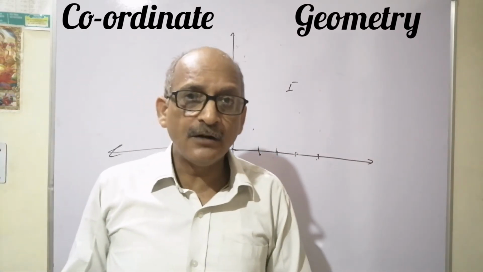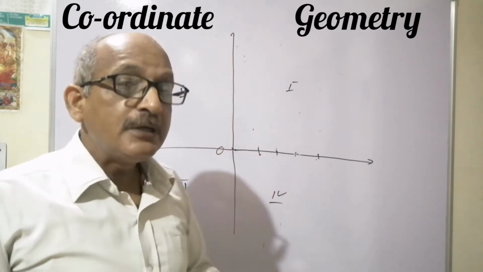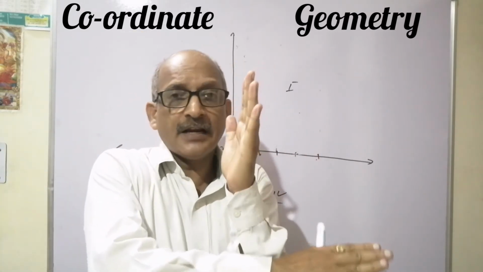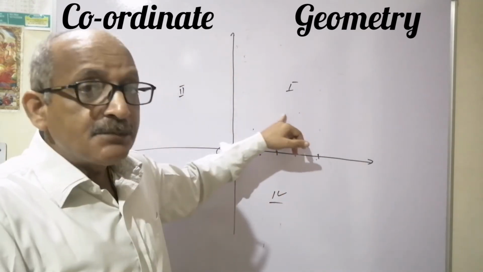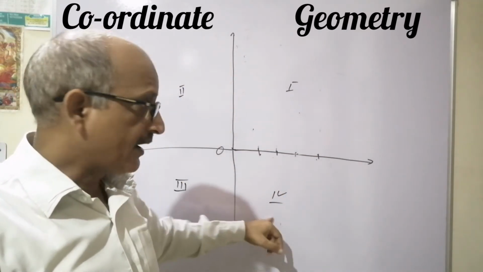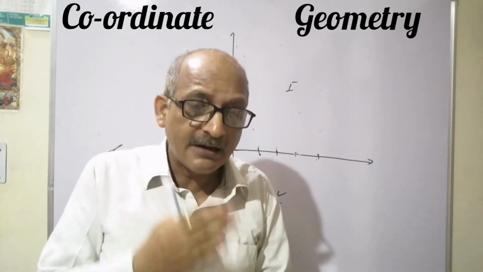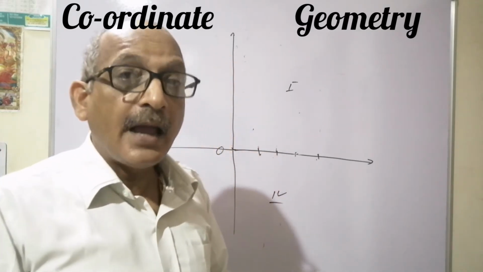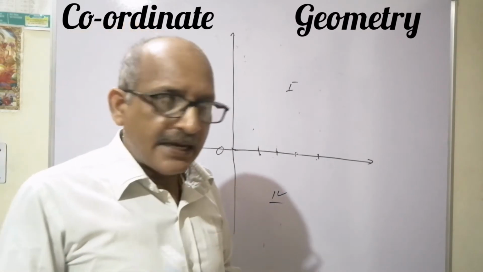If a plane is divided into 4 parts by 2 mutually perpendicular lines, one horizontal and another vertical, then each part is known as a quadrant, and these dividing lines are known as axes.